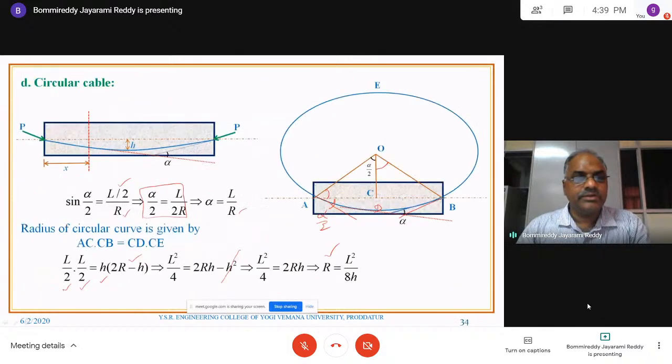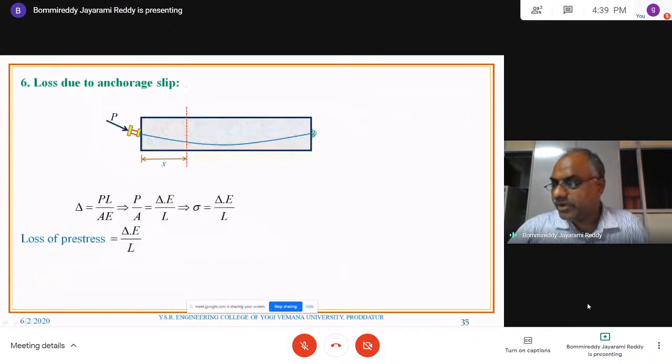The last one is loss due to anchorage slip. So what is anchorage slip here? Because of the jacking arrangement, the cable gets tensioned to the desired level.